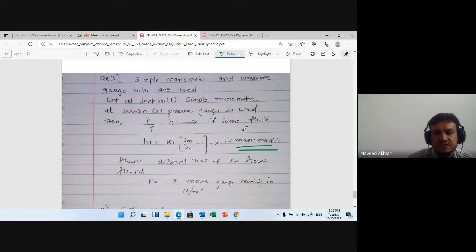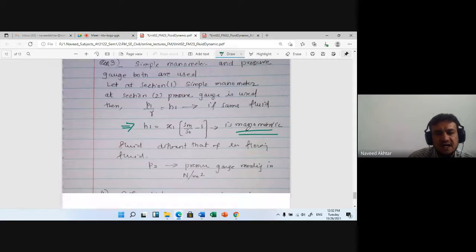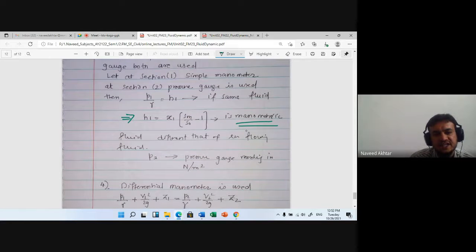If the flow and manometric fluids are different, then you have to use the formula as above. And P2 you can easily find directly from the pressure gauge if you are using a pressure gauge at point 2.